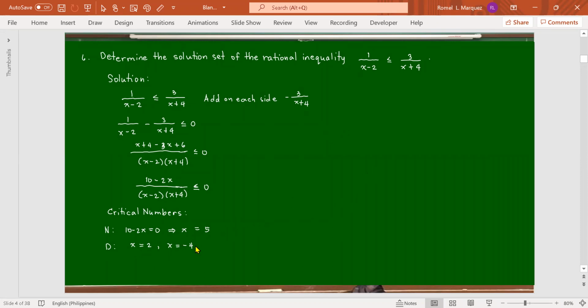Take note that since this is less than or equal to, meaning equality is allowed, x equals 5 is part of the solution set, but x equals 2 and x equals negative 4 are never solutions. They are not part of the solution set.